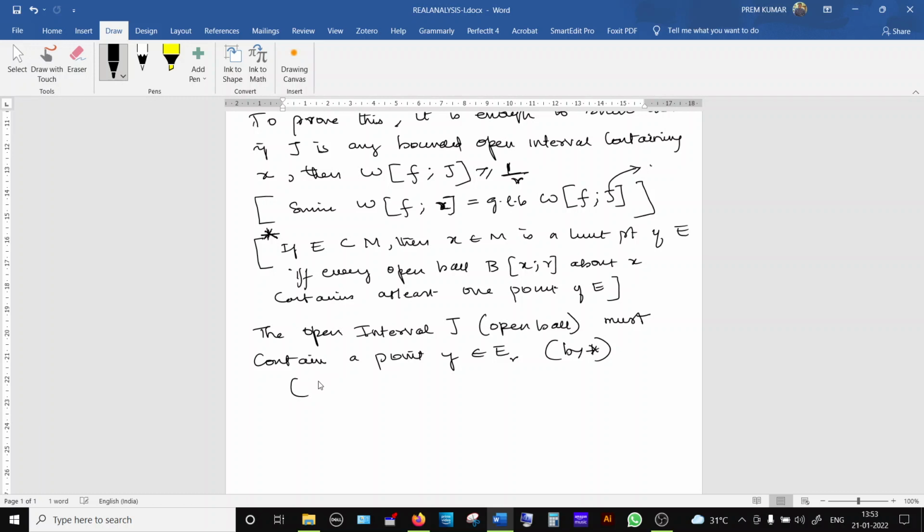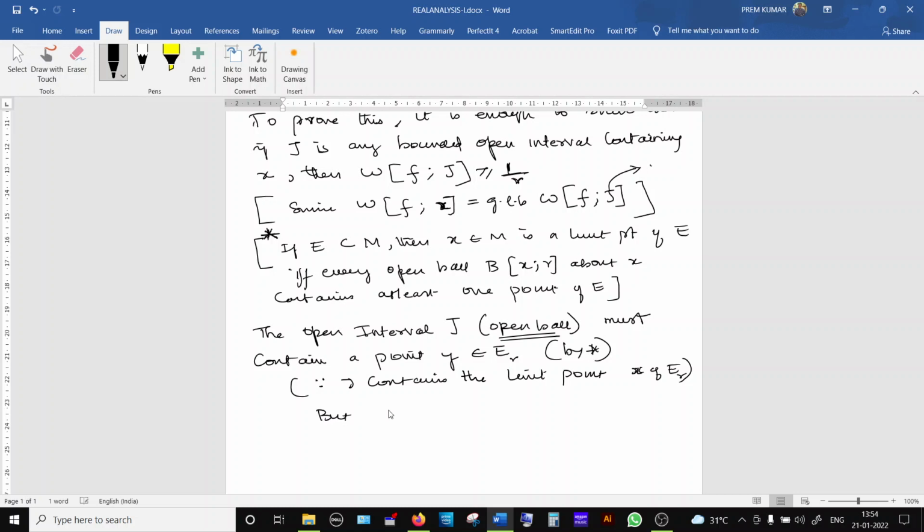So that y, since J contains the limit point x of ER, and it is an open ball. So as per this theorem, this open ball should contain a point y of ER.